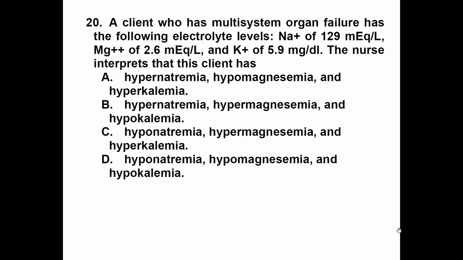Of course, we know that sodium is 135 to 145, potassium is 3.5 to 5, and magnesium is 1.5 to 2.5. The sodium is below, that's hyponatremia. The magnesium is high, that's hypermagnesemia. And the potassium is 5.9, that is hyperkalemia. Answer C.